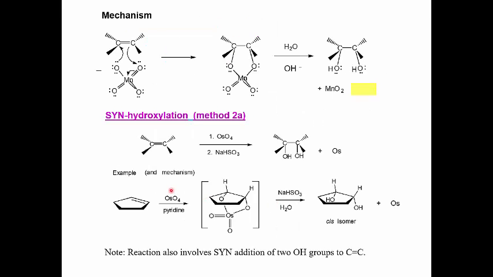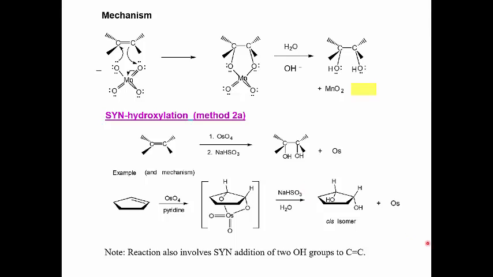Now, this reaction shown here, the addition of osmium tetroxide followed by reduction, is a good reaction. It gives a very good yield of 1,2-diol. But there are some issues. There are some problems. And the problem here is this. The osmium tetroxide reactant used is rather expensive.